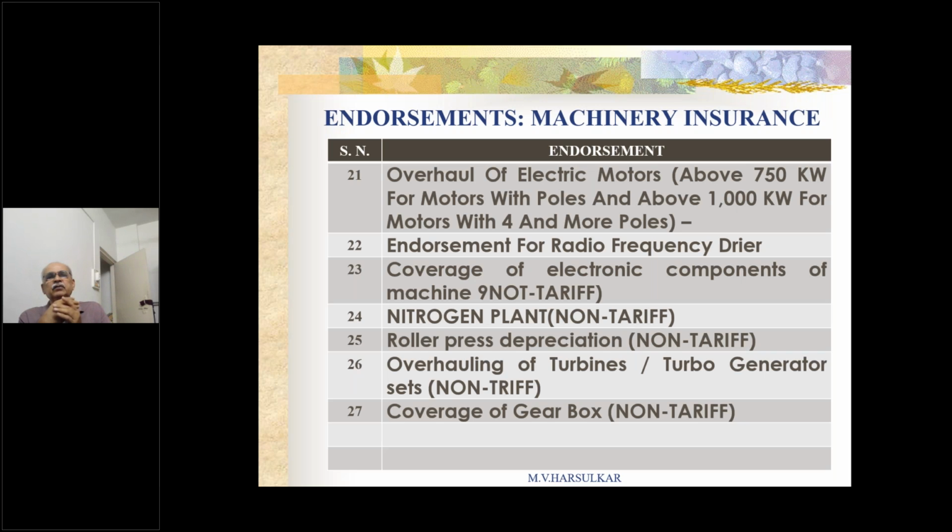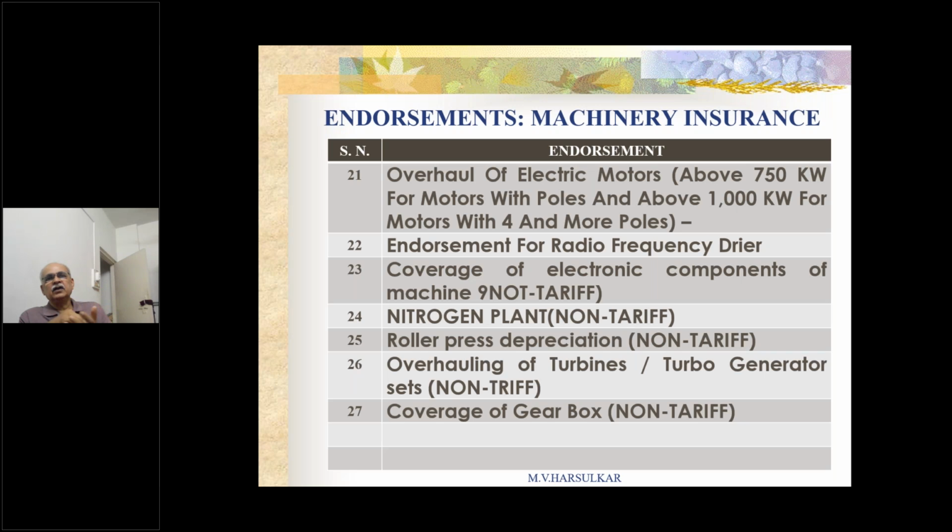So the choice is given to the insured to decide whether it can be covered under machinery breakdown or electronic equipment. If the insured decides to take a machinery breakdown policy, then what happens? Most of the electronic components, or maybe all, are non-metallic and will be excluded straight away from the insurance.